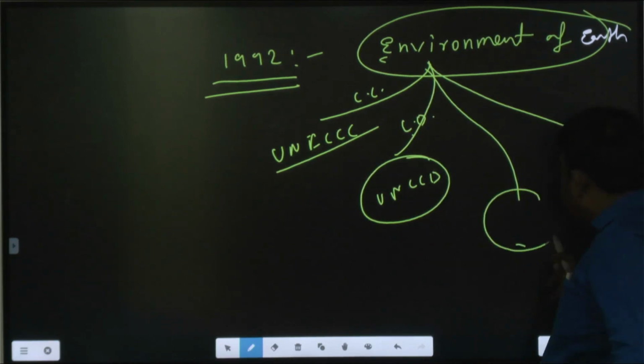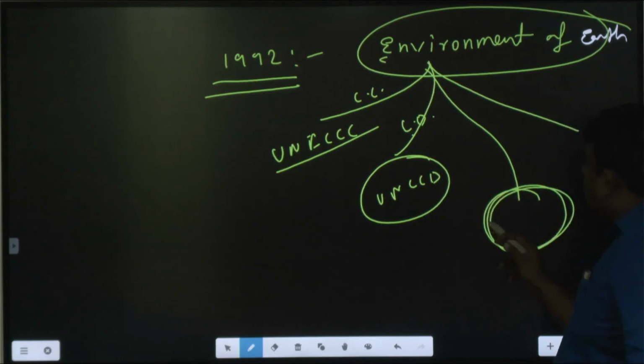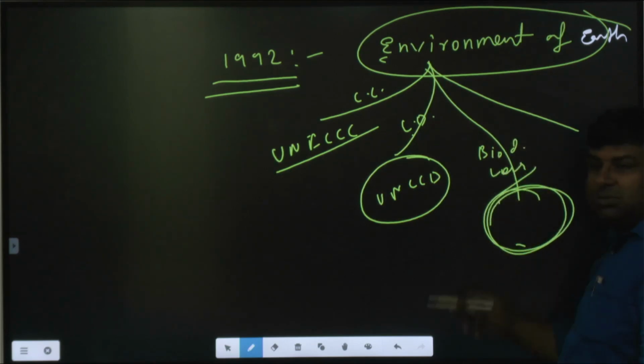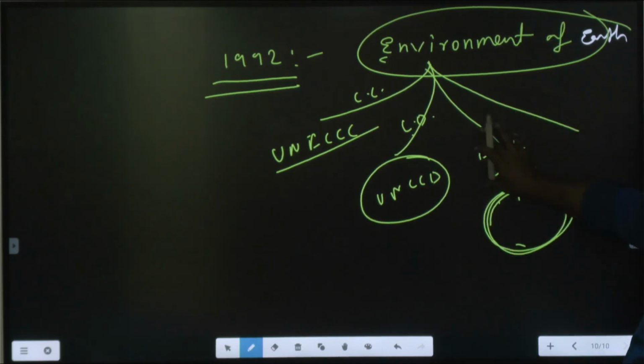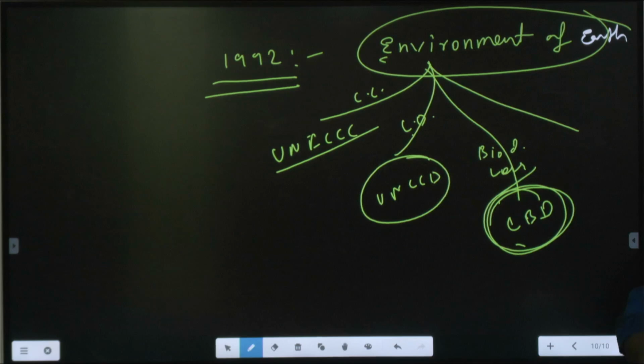One problem notified related to environment was the problem of biodiversity loss. ये भी तो environment से जुड़ी हुई problem है ना? Yes. And for addressing the problem of biodiversity loss, the agreement signed at the platform of Earth Summit was CBD, Convention on Biodiversity.